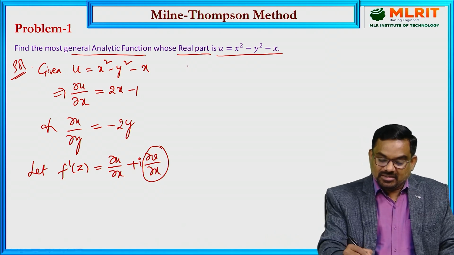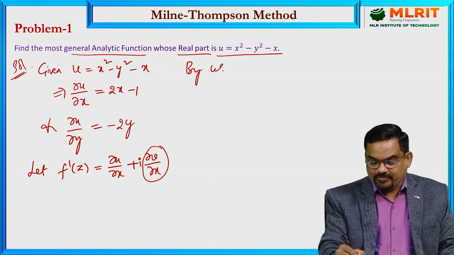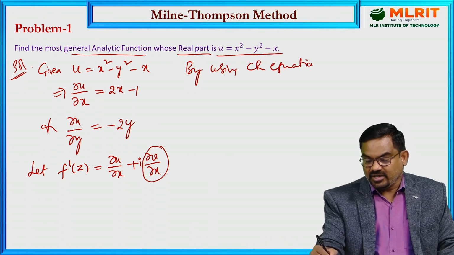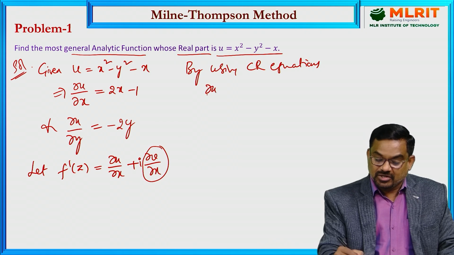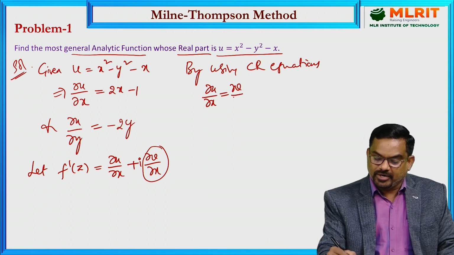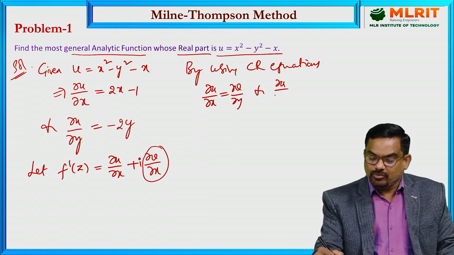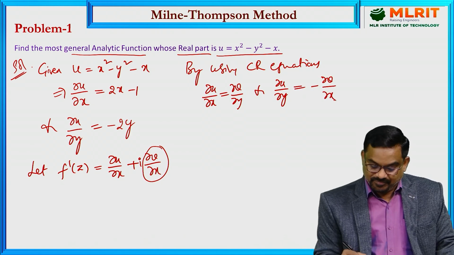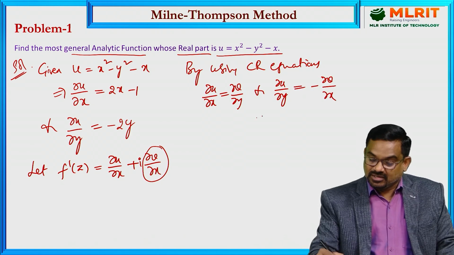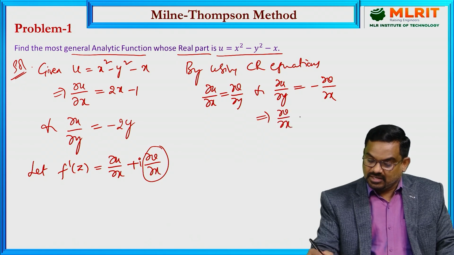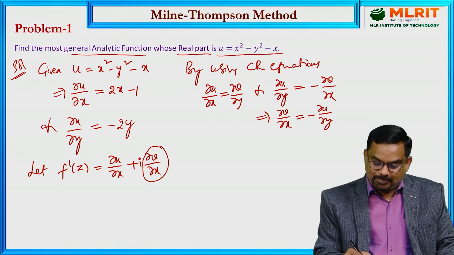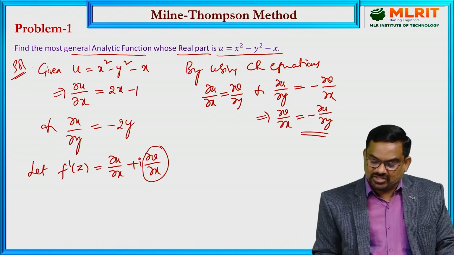For that, we use the CR equations. What are those CR equations? Dou u by dou x is dou v by dou y, and dou u by dou y is minus dou v by dou x. So here we need dou v by dou x. That means dou v by dou x is minus dou u by dou y. So let us replace the second term using this minus dou u by dou y.